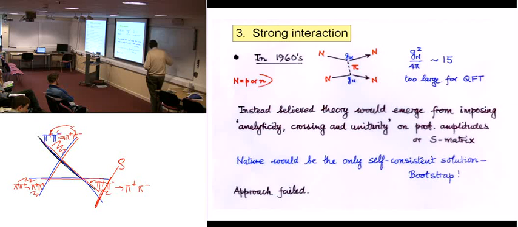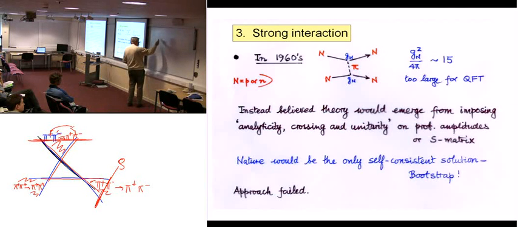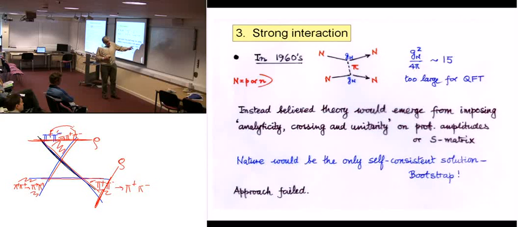This is the rho resonance. And you've got another rho resonance in this one, because this is the energy going up here. This hasn't got a resonance. And it was hoped that by looking at the analytic properties of this sheet, only the allowed particles would emerge. It's called a bootstrap. They would pull themselves up by their bootstraps. This idea failed completely. But that's what was happening.